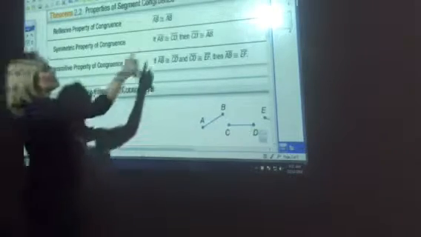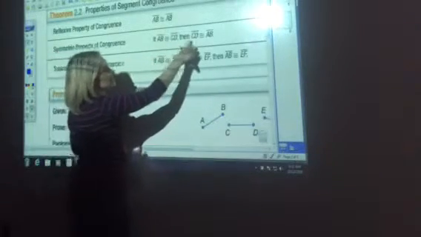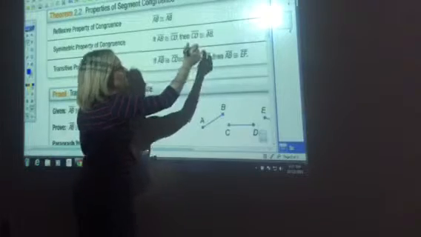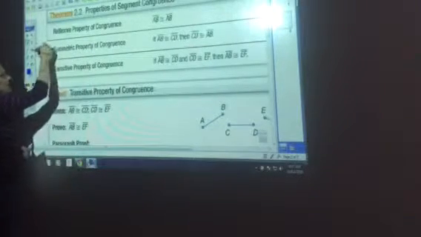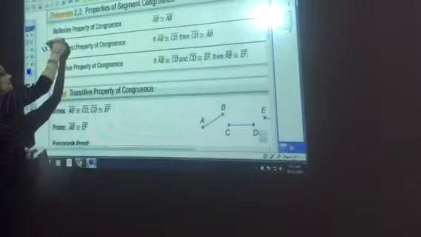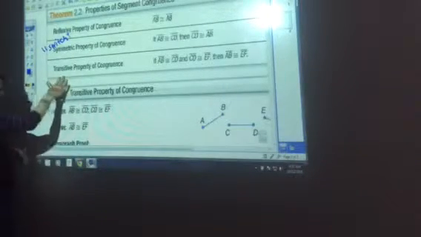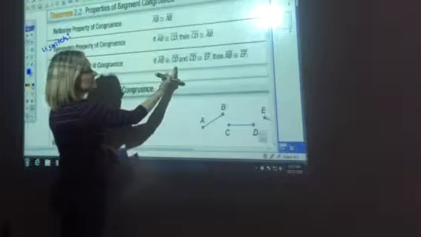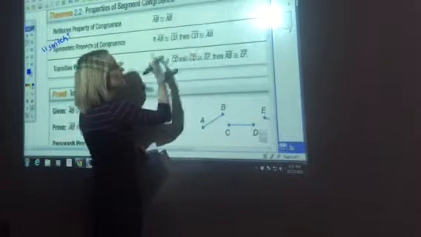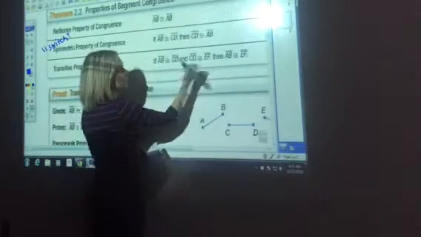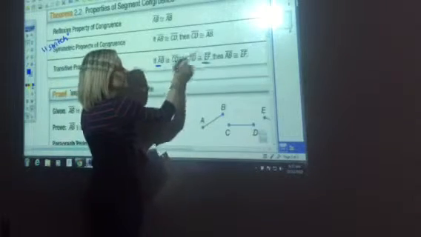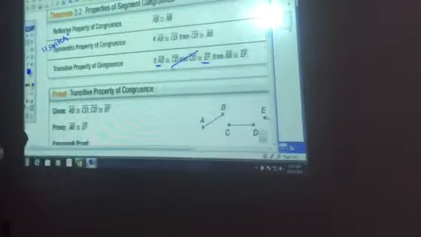Symmetric would be if AB is congruent to CD, then CD is congruent to AB. Remember, the symmetric property is like the switch, so they just swap it around or flip it. Transitive property: if AB is congruent to CD and CD is congruent to EF, then AB is congruent to EF. The first and the last, remember, we cut out the middleman.